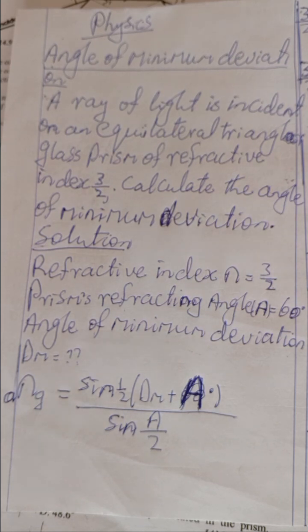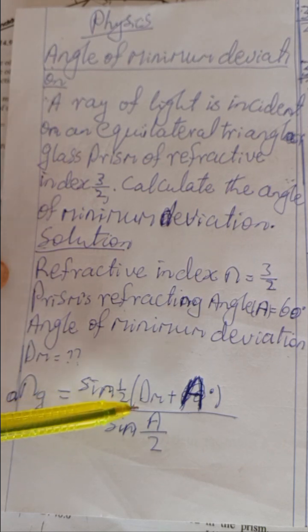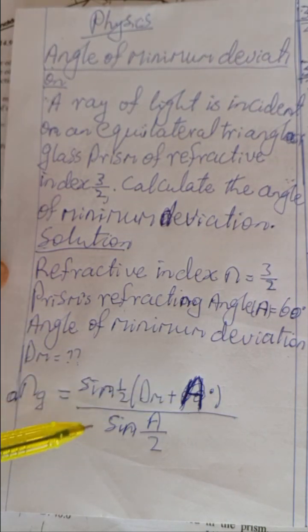Now, refractive index is equal to sine half of (dm plus A) all over sine A/2. You know what dm is? The minimum deviation we are looking for.